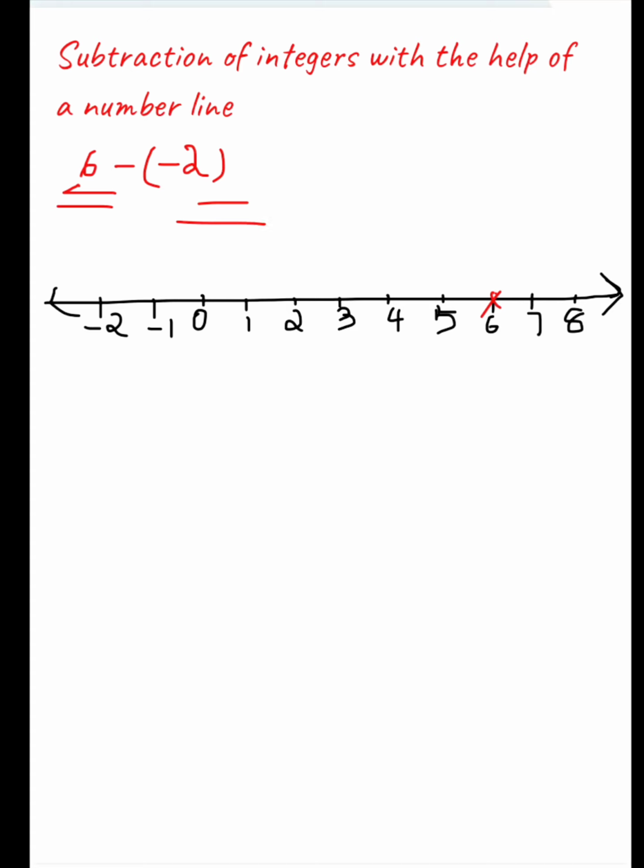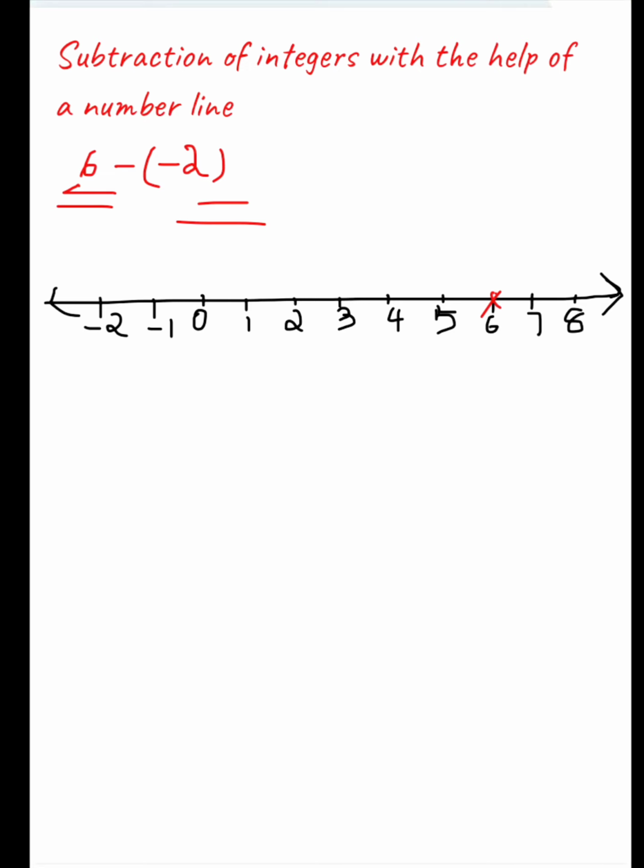So in the case of addition, we already know that when we were doing addition on a number line, if the second number to be added was a negative number, then we move towards the left side. And when it was a positive number, we moved to the right side.